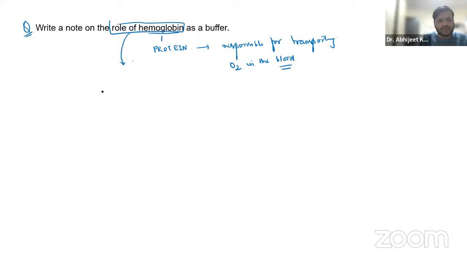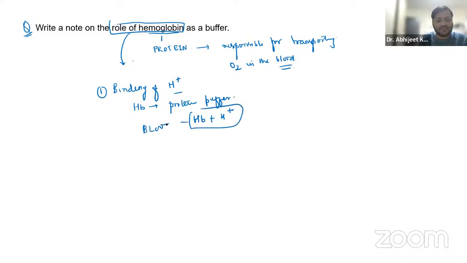The first role to remember is the binding of H plus ions. It binds with the free H plus ions in the blood, which reduces free H plus concentration, and that is how it regulates the blood pH.